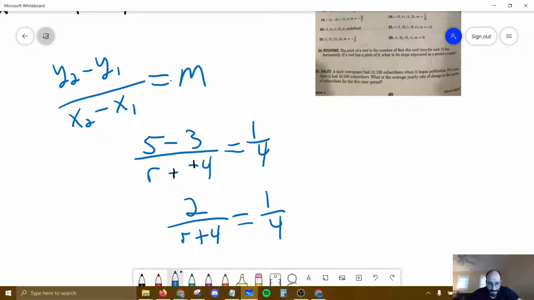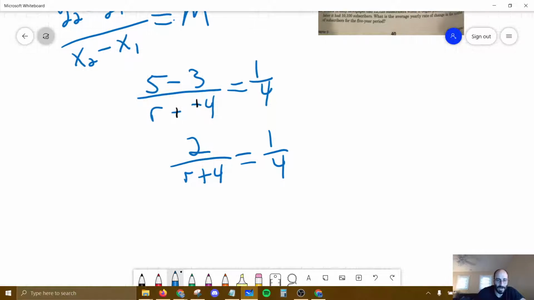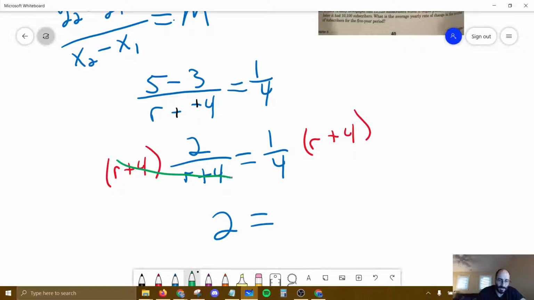Okay, so now we got to get our variable by itself. So I could multiply both sides by r plus 4, the denominator. So I'm going to multiply both sides by r plus 4. And what do I get? I get 2 on this side because this is going to cancel out. And then I get r plus 4 over 4.